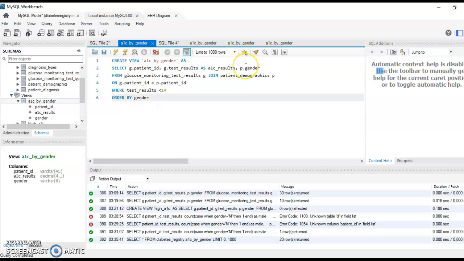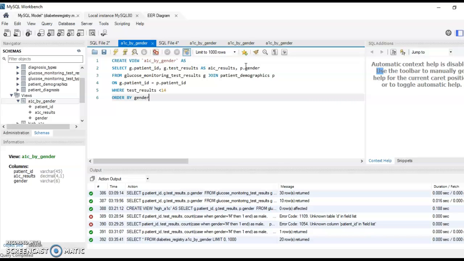The SQL statement is here. At first, I just put the patient ID by itself, but I got an error saying that it was ambiguous because I had patient ID in more than one table. So I figured that I had to give it an alias in order for it to know what table to take the patient ID from.